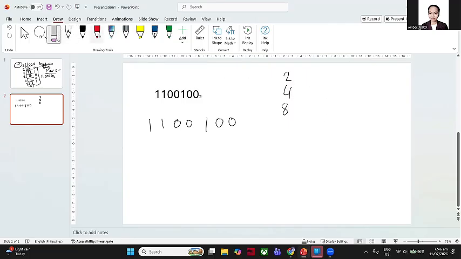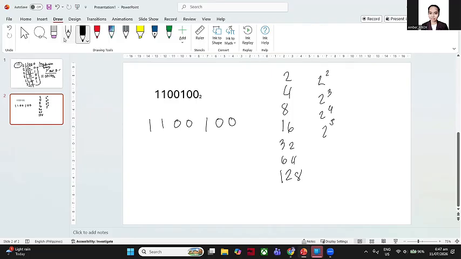We have 2, 4, 8, 16, 32, 64, 128. These are the powers of 2. Imagine 2 squared, 2 cubed, 2 to the 4th power, 2 to the 5th power, and so on and so forth.